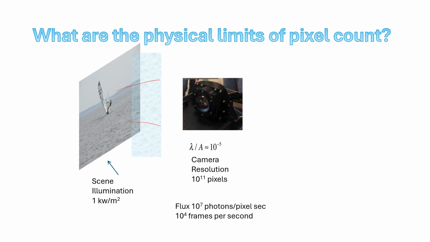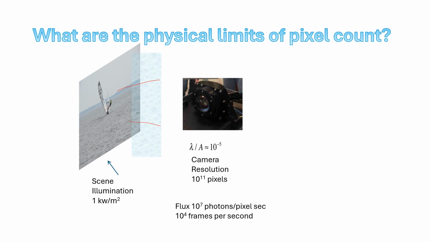Now, in that image, we have a flux from the 1 kilowatt per meter squared that we have on the scene. The flux is typically going to be in the neighborhood of 10 to the 5th to 10 to the 7th photons per pixel per second. So we have 10 to the 5th photons per pixel per second and around 100 gigapixels. What do we do with those photons per pixel per second?